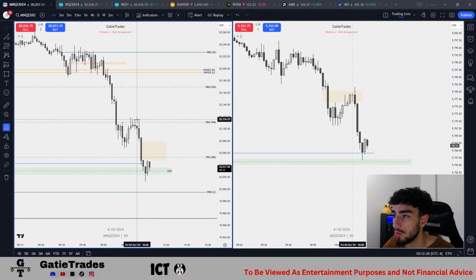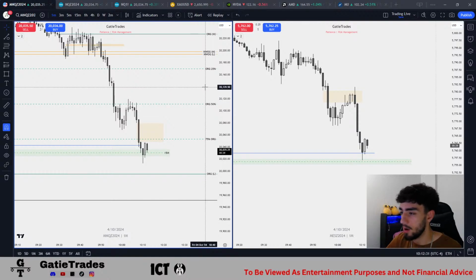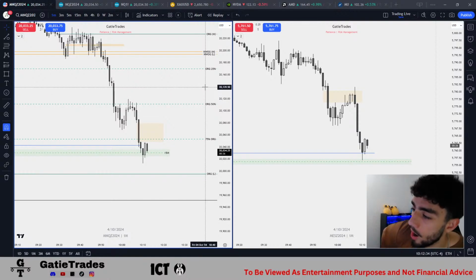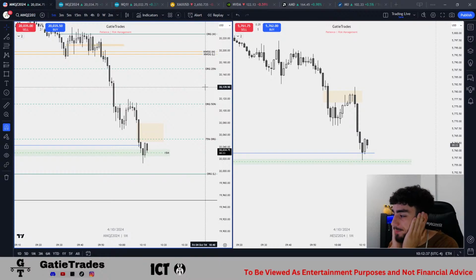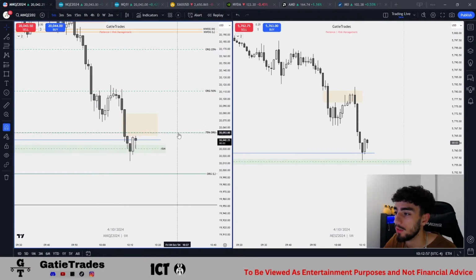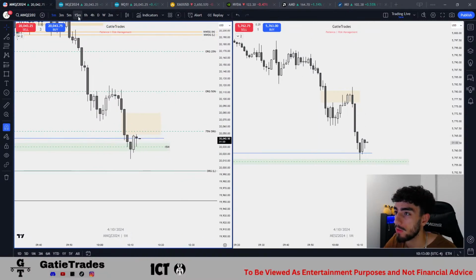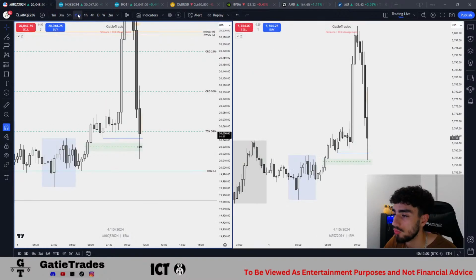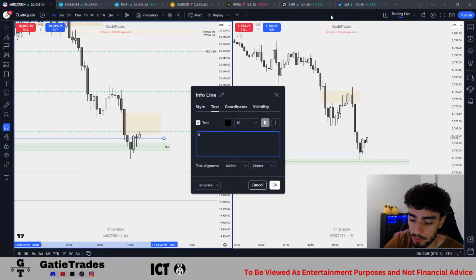I like this low resistance, relative equal highs here, relative equal highs here. I like that wick. Can this candle go bullish? See if this candle can go bullish. Trading above that low. I like the setup. I need to see the inversion now.